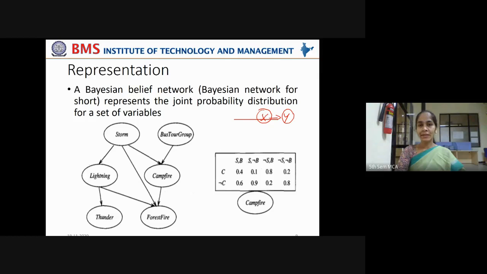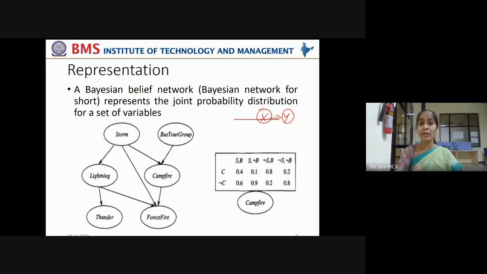It means the belief of the parent existing, the probability of the parent existing, will determine the probability of the child existing. It is providing some belief, some confidence by asserting dependence between the variables.